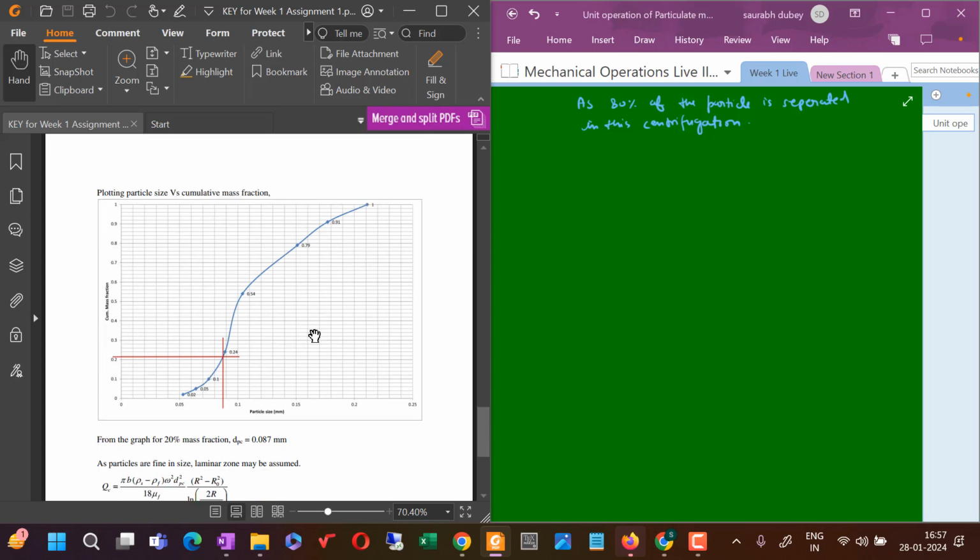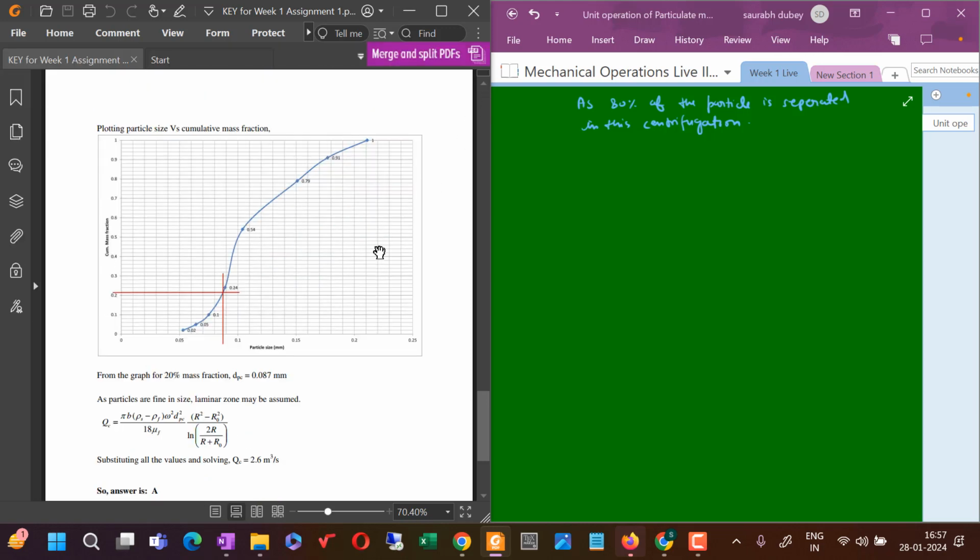Once you plot it, you will come to know the cutoff diameter above which all the particles will be sedimented, and that will be the deciding factor for the efficiency of the sedimentation process.